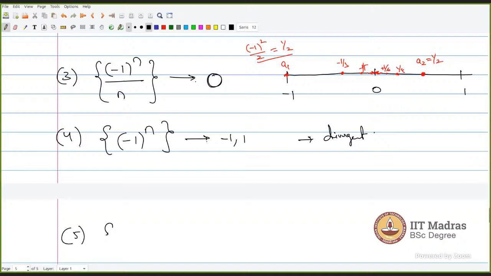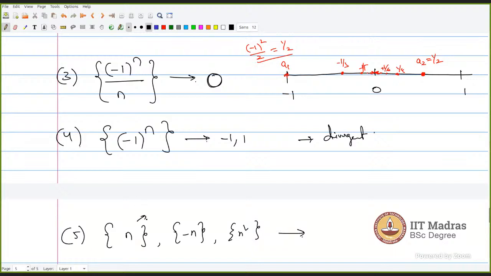So see these examples: n, minus n, and n square. These all are divergent sequences. If I keep on increasing the value of n, these sequences will go either to infinity or minus infinity.